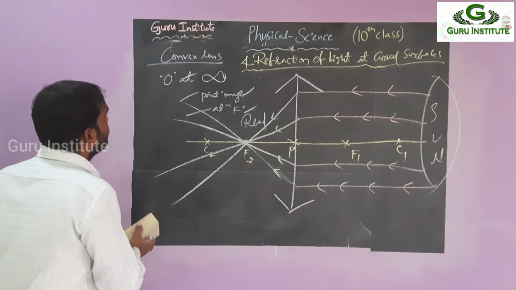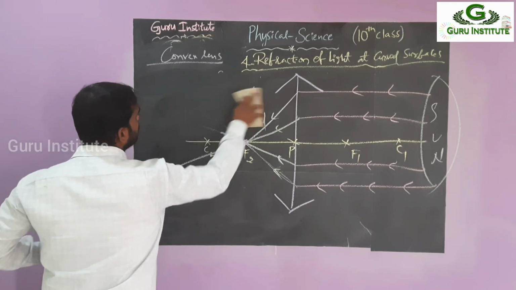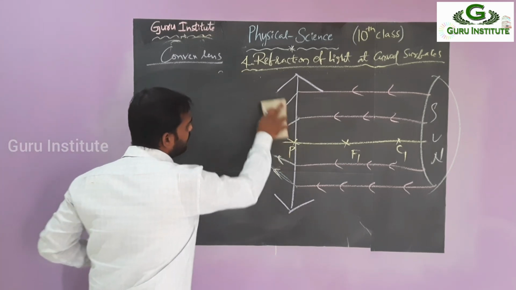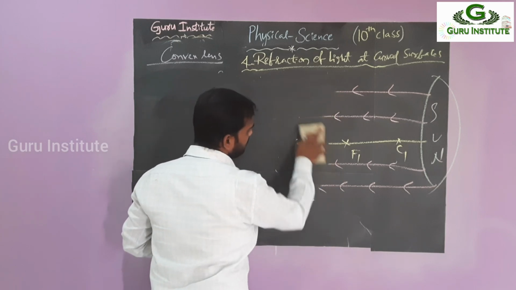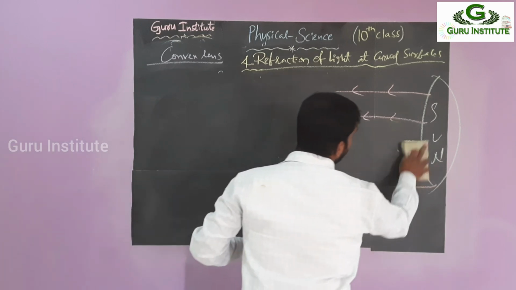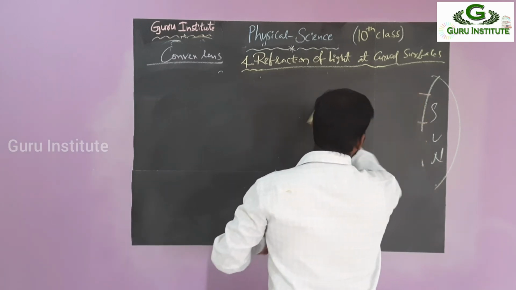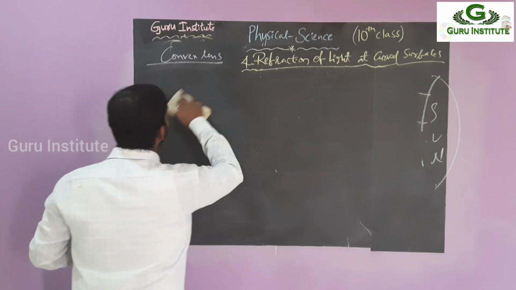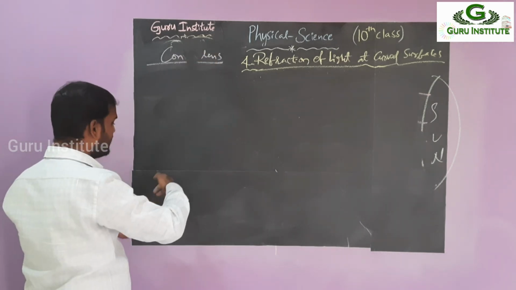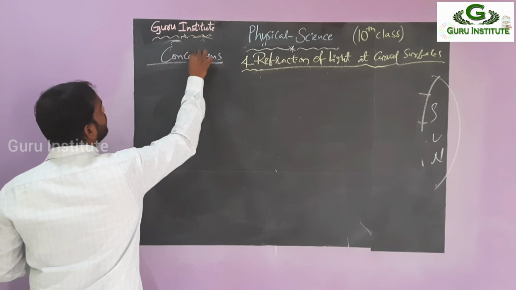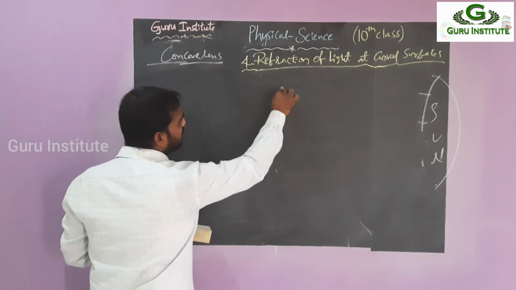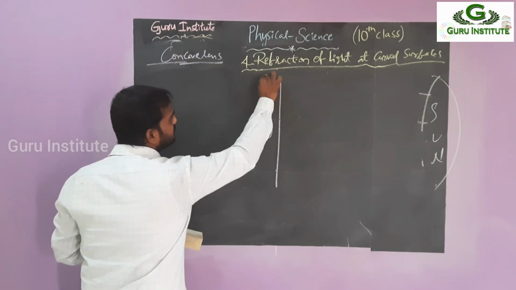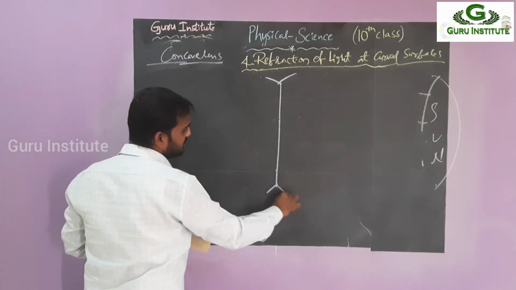Now for concave, we can see how it would look, same to same. Before going to the remaining cases, first we have to do the basic cases. Concave. Again, what is the concave lens? Lines on the upper sides. Okay, right.